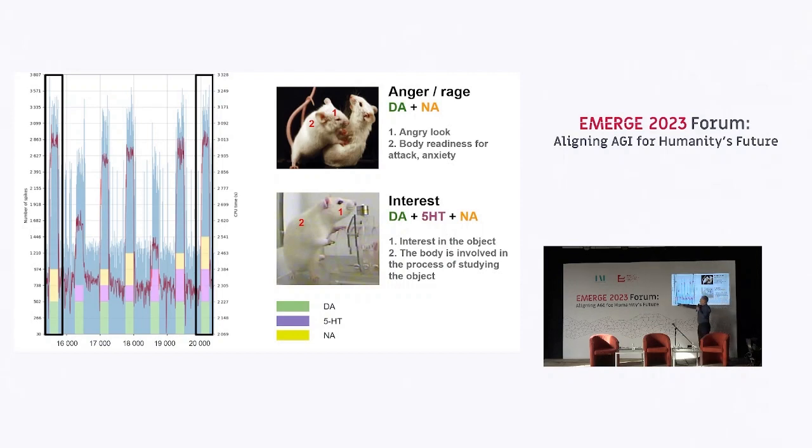And we see really high activity when we see the impact of noradrenaline over the other two, which is dopamine mainly and serotonin, a mixture of all three.